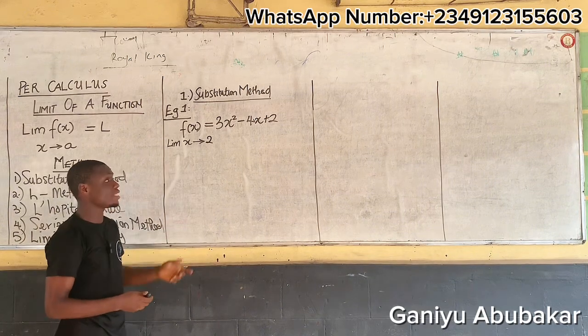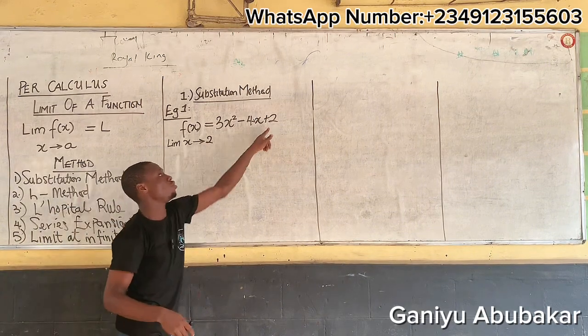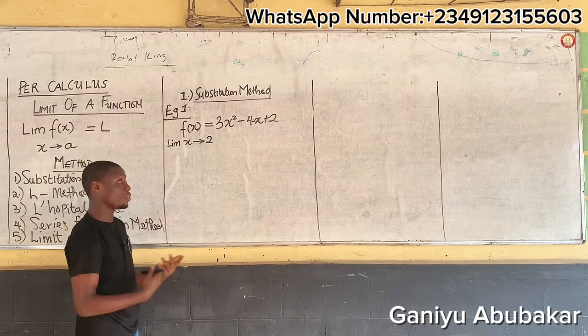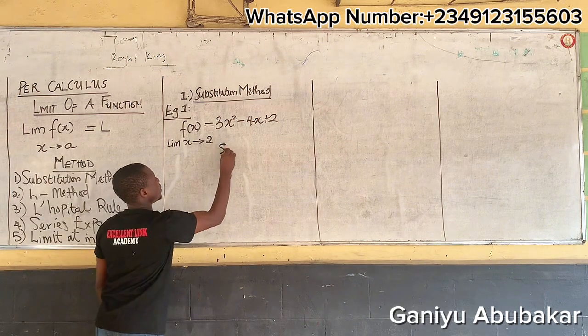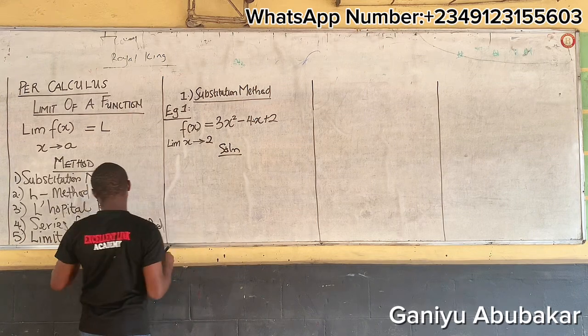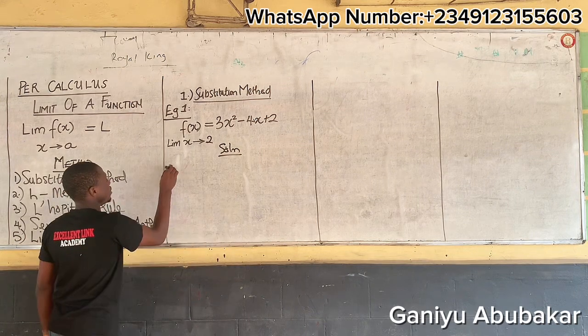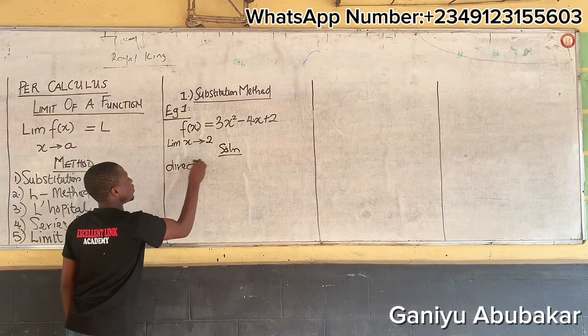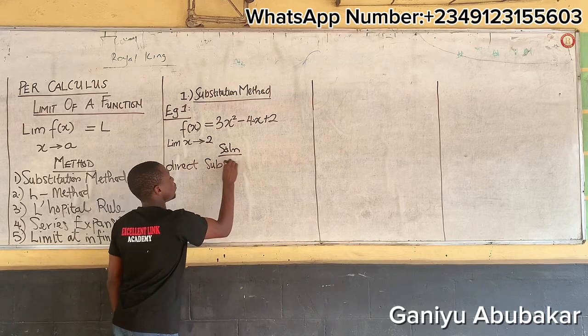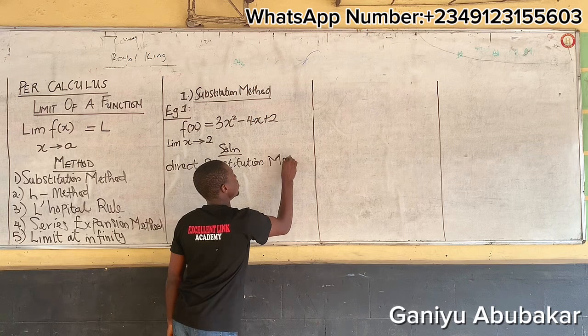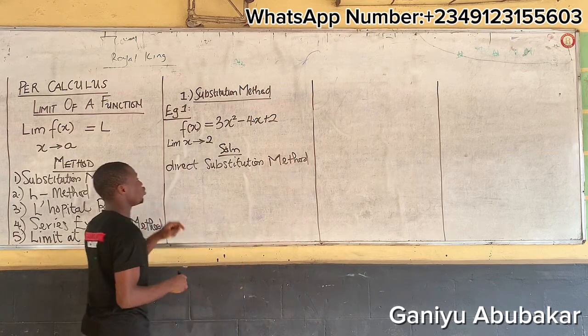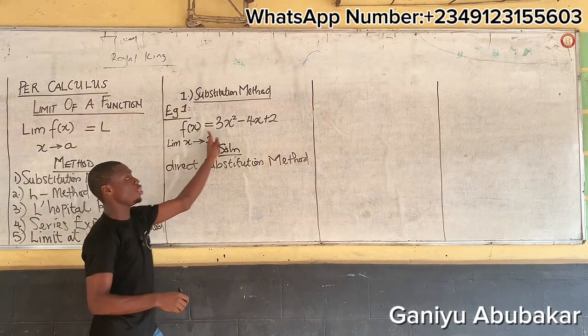It's as easy as anywhere you see x in this function, just put 2. That's the concept. To solve this, we use the first method, called the direct substitution method.